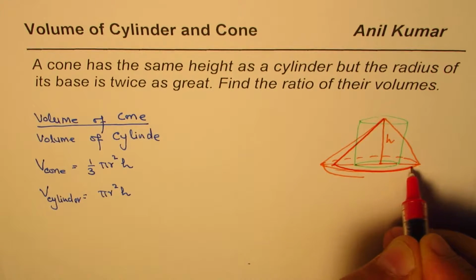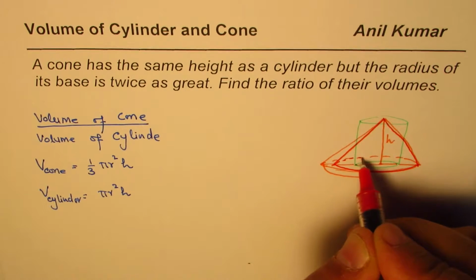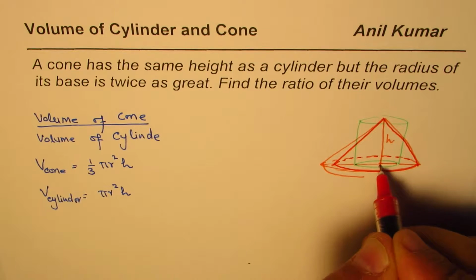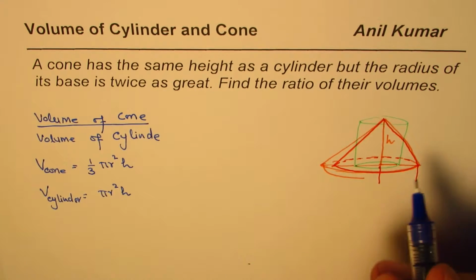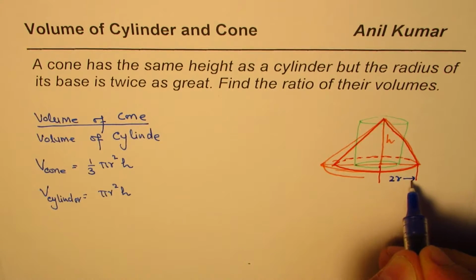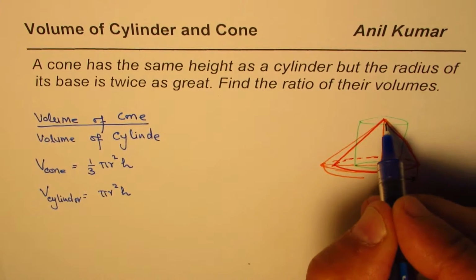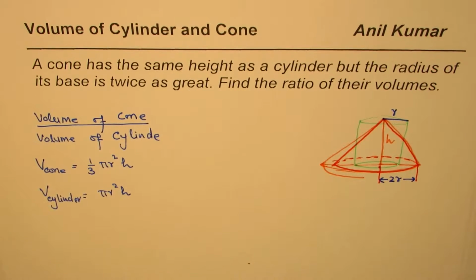So let me redo it. Okay, anyway, the radius for the cone here is twice the radius of the cylinder. So it is 2 times r. That is important. And here the radius of the cylinder is only r. That is given to you. Find the ratio of their volumes, correct? That is the question for us.